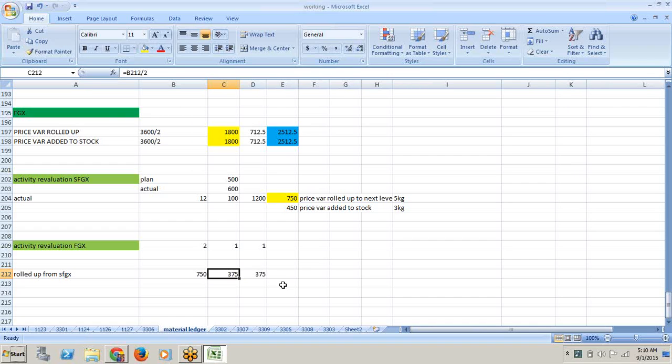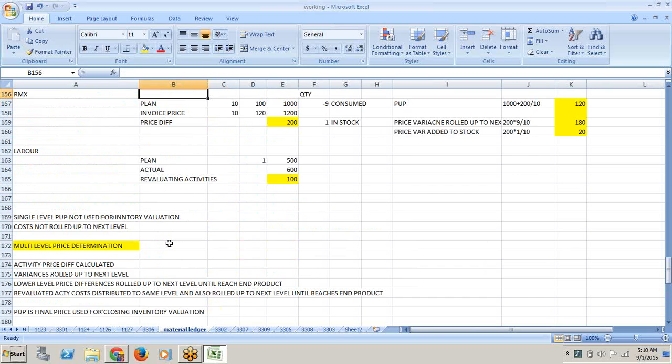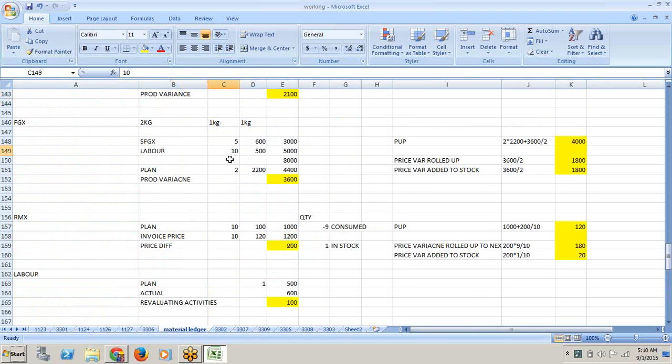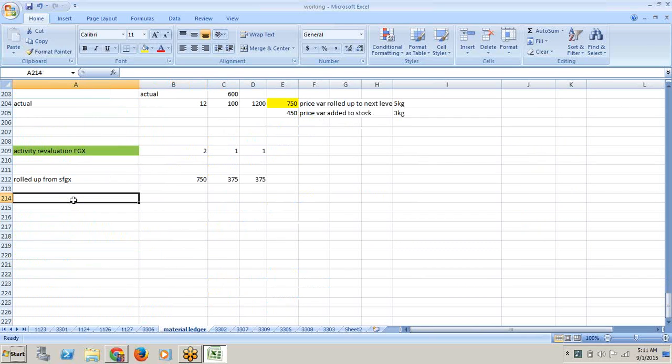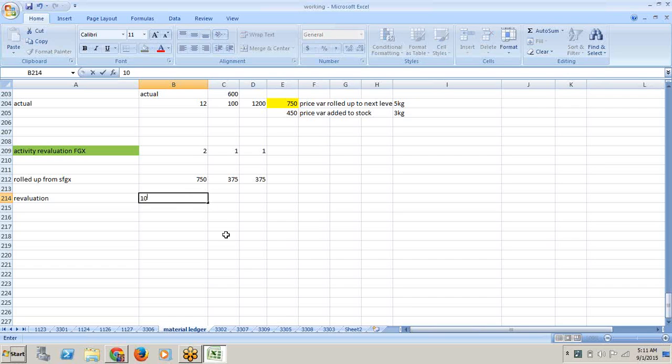Now in this finished product manufacturing process, how many activity hours are we using? If you go back, 10 labor hours. Actual, we are using 10 hours, so the difference is 100. Earlier it was valued only with the plan rate. So 10 into 100 is the revaluation at this level, 1000 rupees.